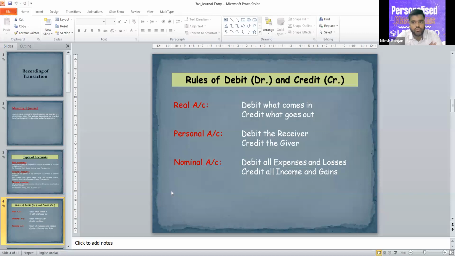By real account rules, in any transaction, some items are received and some items are paid. The item which is received will be debited, because debit what comes in. Whatever you receive will be debited and whatever you give is credited. Is this clear?